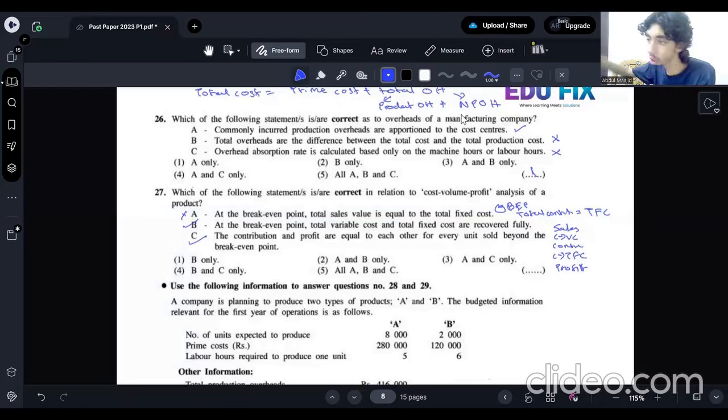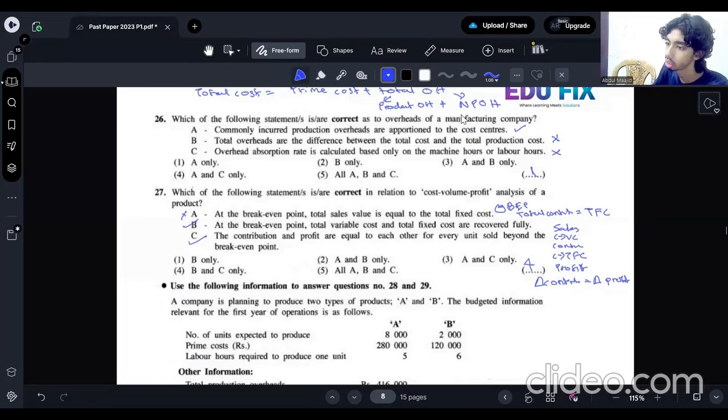Whatever units you sell beyond the break-even point, your total fixed cost is already covered, right? So whatever contribution you earn beyond the break-even point will go as your profit. So remember, change in contribution will be equal to the change in your profit. So C is correct. So the answer is B and C, answer number 4.